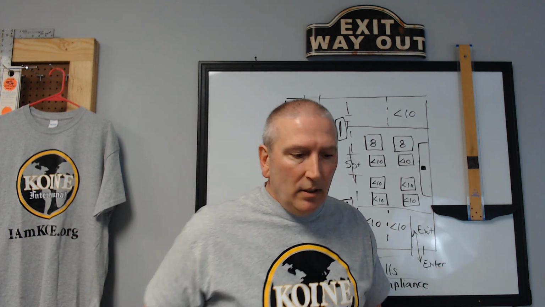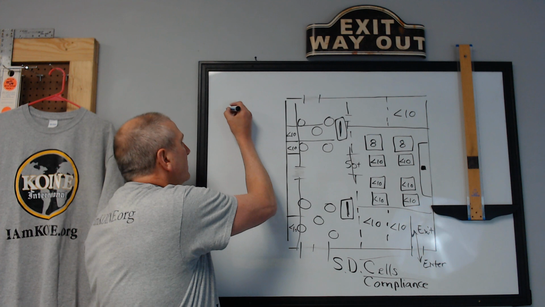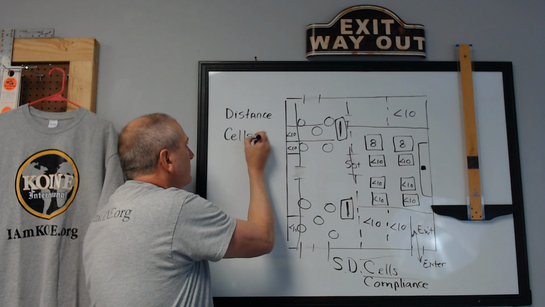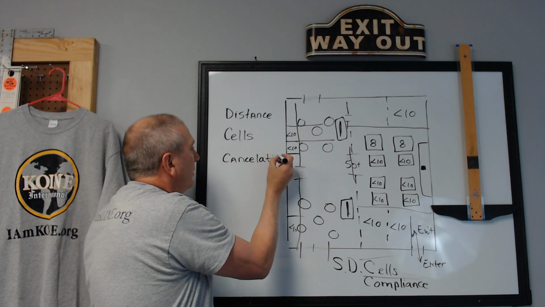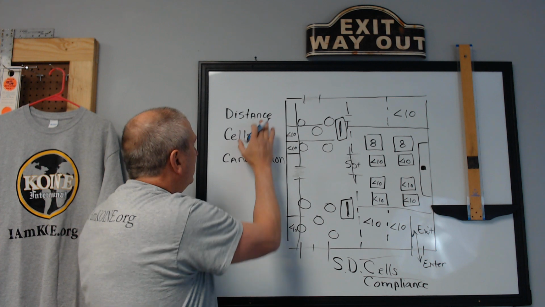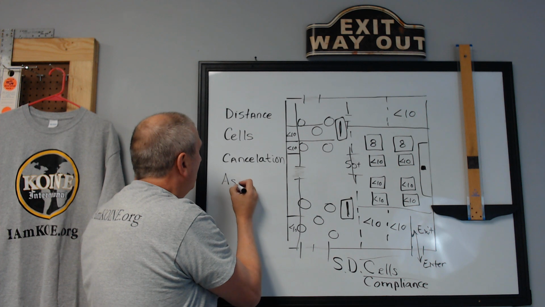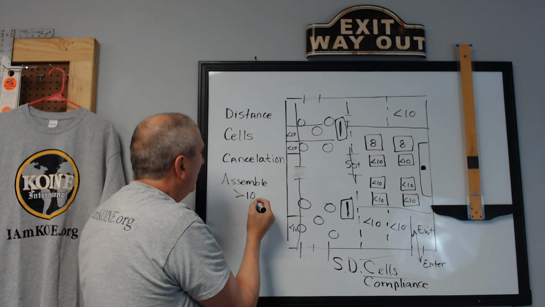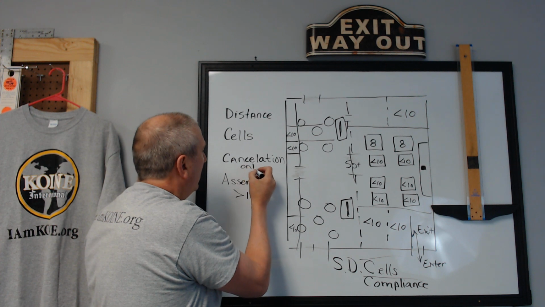So the solution somewhat fell in place for us because you have distance, then we have cells, and then we have cancellations. Yeah, they're canceling. So distance, cells, cancel, and then assemble. And that would be greater than 10. And cancellations are going to online, things like that.